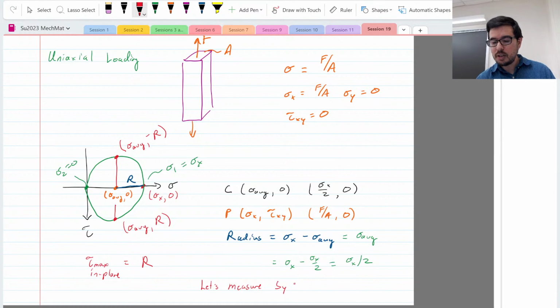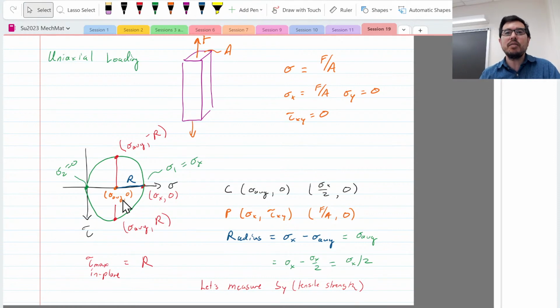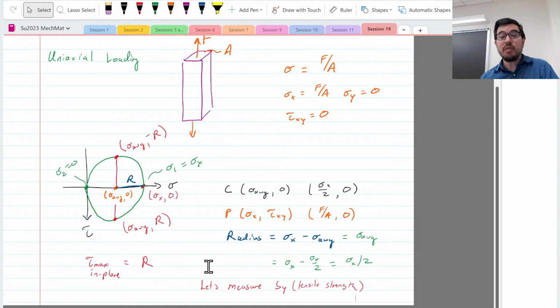So this is the tensile strength. How much shear can we handle? If I take the same material and I put it in a pure shear situation, how much shear can it handle? It's going to be half of the tensile, right? This is the max. Let's say that this SY is a normal stress.